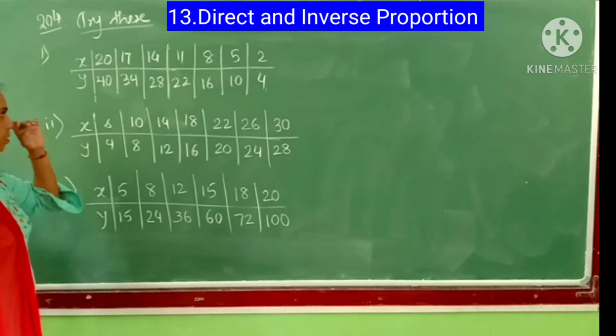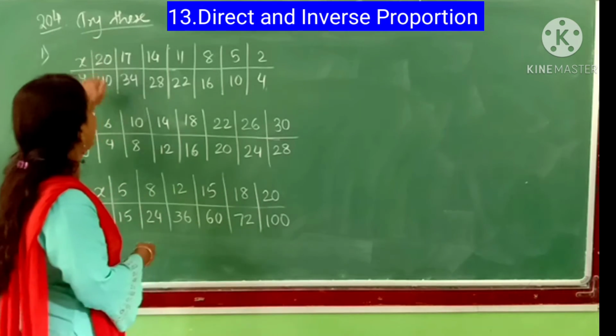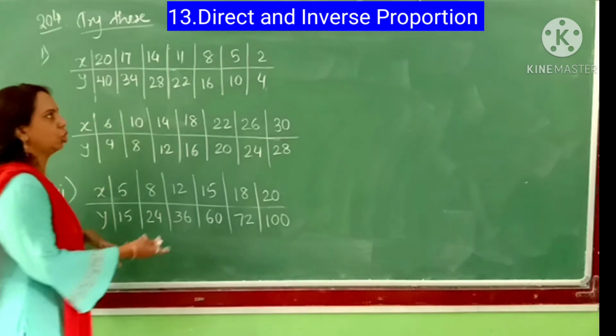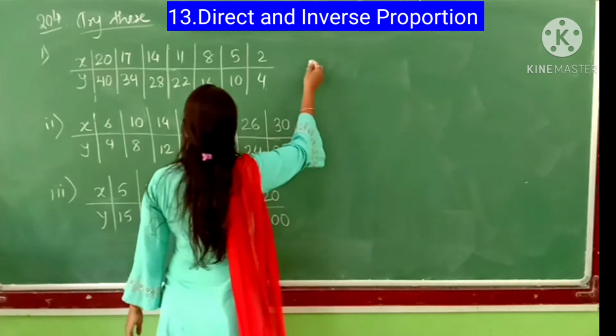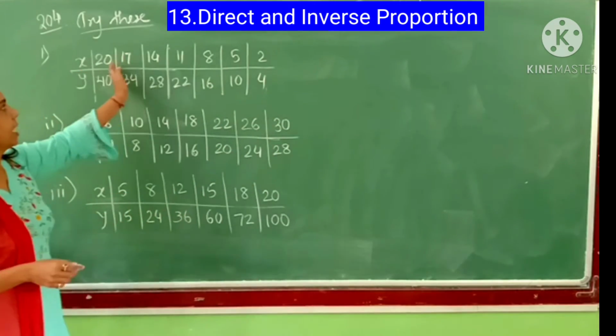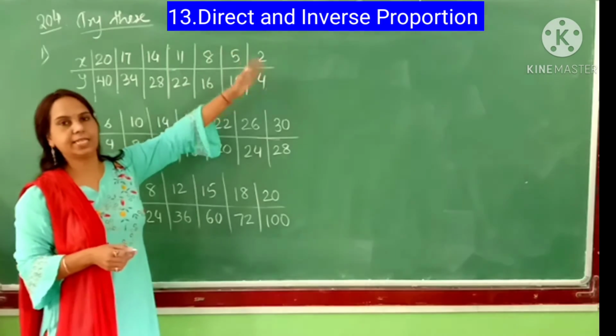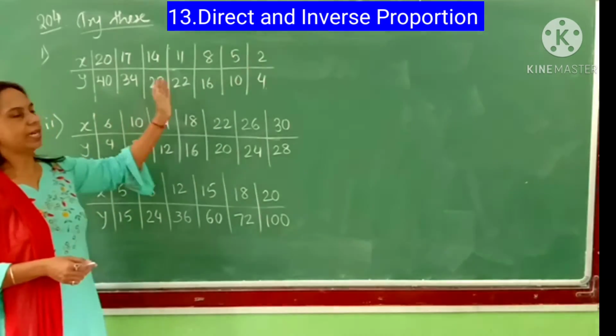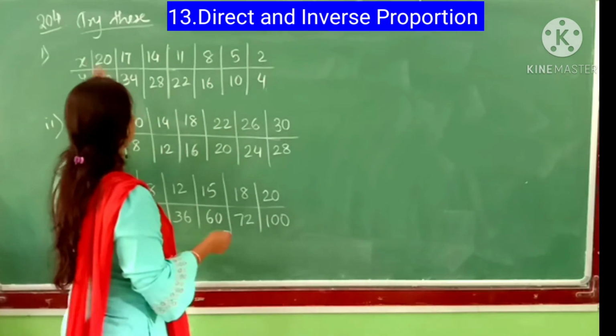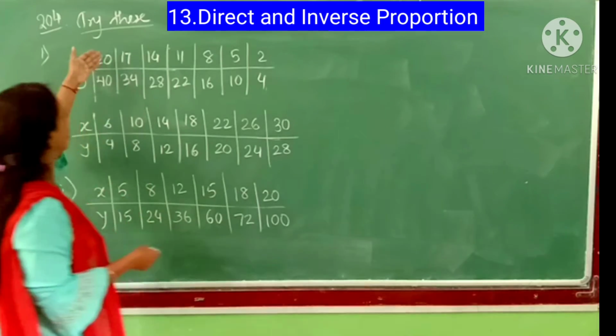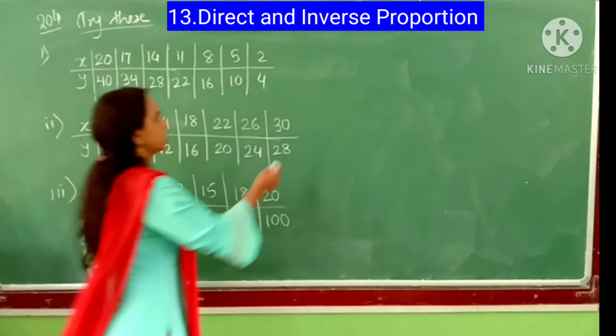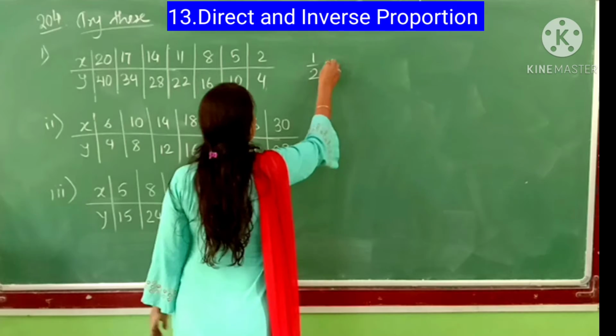X upon y. First, 20 upon 40. We will consider x1, x2, x3 and so on, and y1, y2, y3 and so on. For the first, 20 upon 40, we get 1 upon 2 when we reduce.